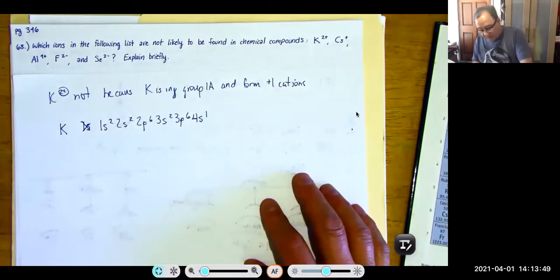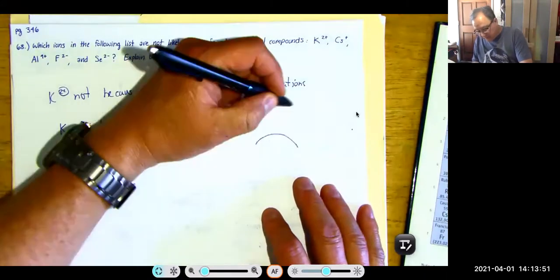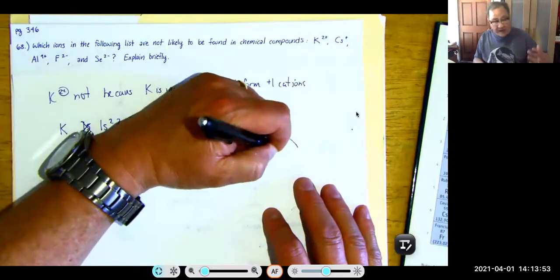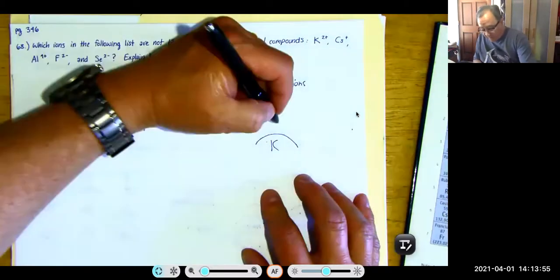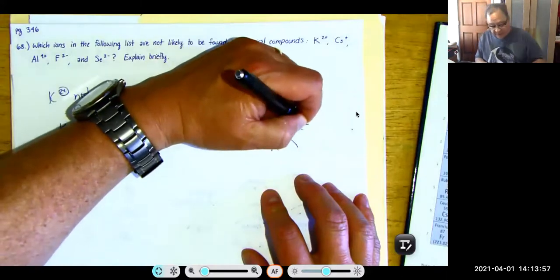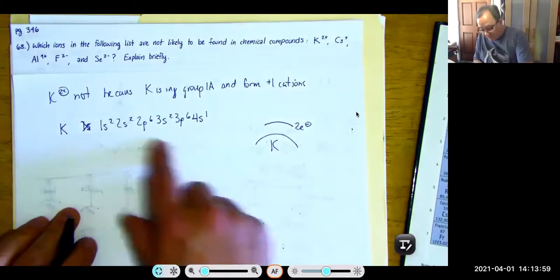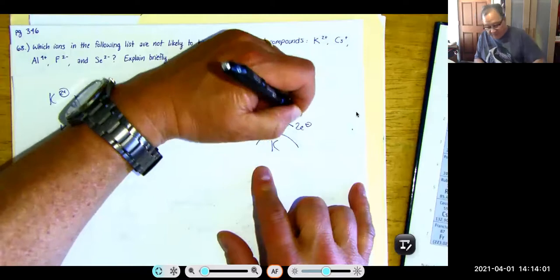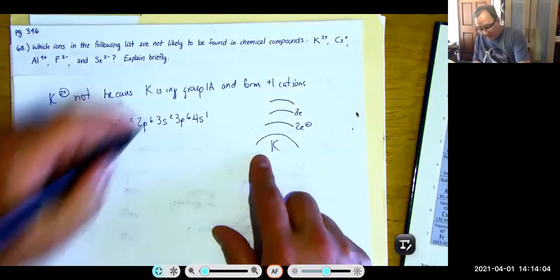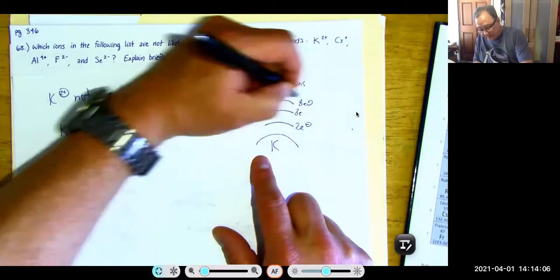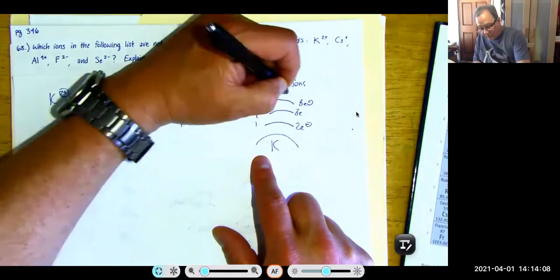So here's potassium, not the ion, but the atom. We've got 2 electrons in the first shell, 8 electrons in the second shell, 8 electrons in the third shell, and 1 electron in the fourth shell.